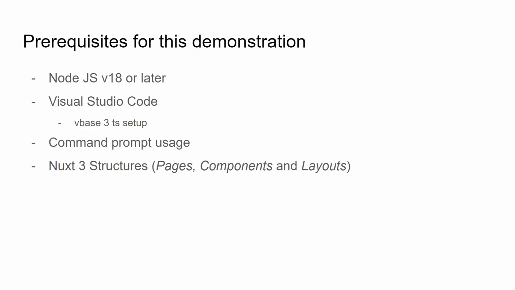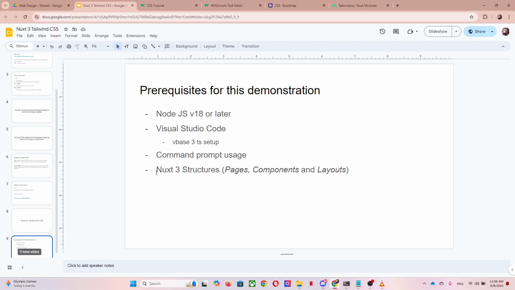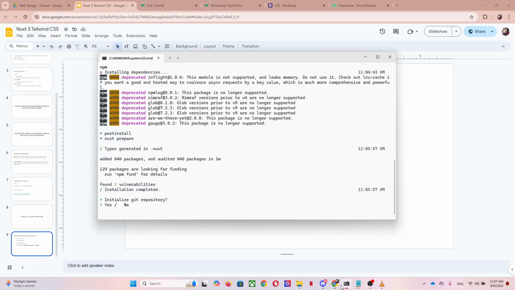Vue3 and TS comes from TypeScript, because in order to use Nuxt3 you need to have, I mean, the components, and you don't need to type, they have this one. Okay, and then you should have basic command prompt skills and knowledge about the Nuxt3 structure like pages, components and layouts.